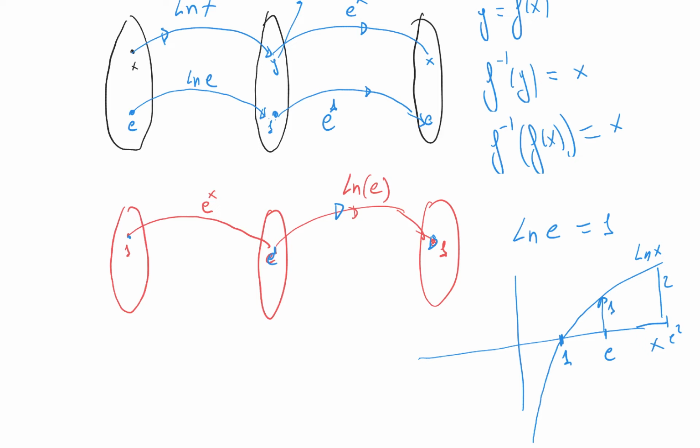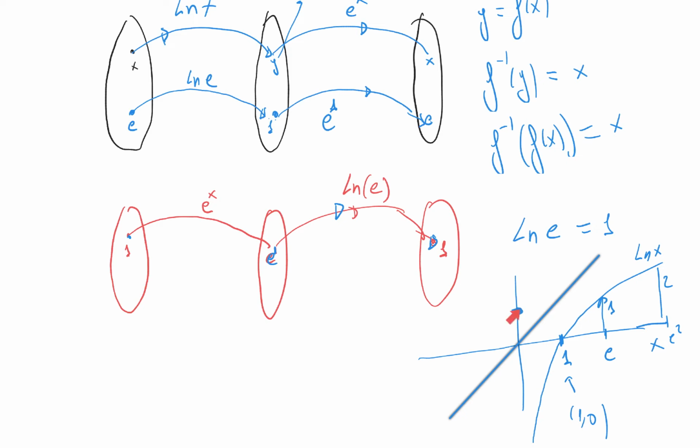And the other graph that you need to know is the symmetrical graph with respect to y equal x. y equal x is this graph, and the function e to the x goes like this. This point is the point (1, 0), and it will appear in the inverse function as the point (0, 1), which is this one.